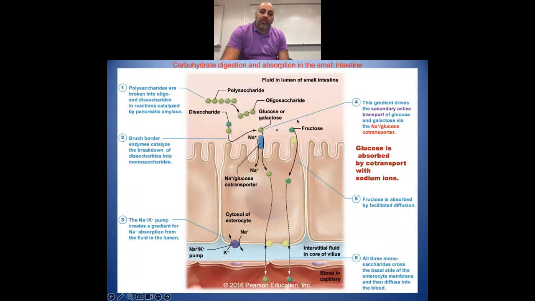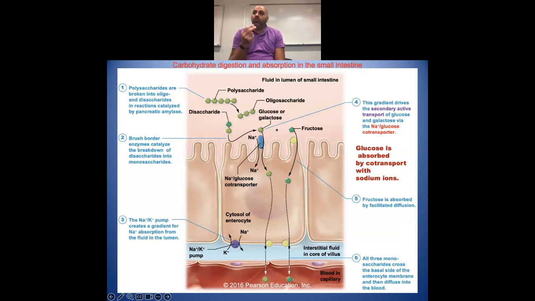All right. So here, what they're showing is glucose or galactose. There we go. These are monosaccharides. They've been broken all the way down. In order to pull them in, the transporter here, this is a transmembrane protein, has to move the monosaccharide in along with sodium.